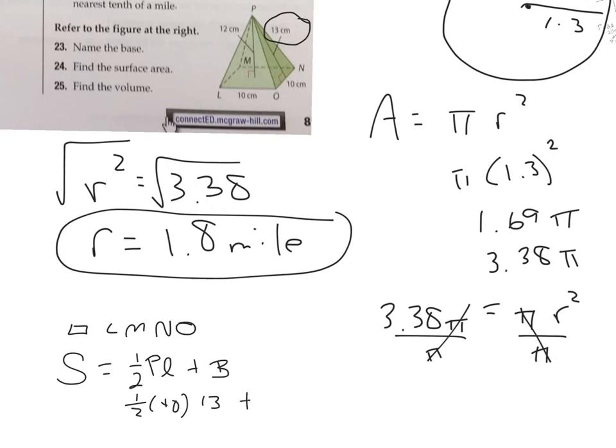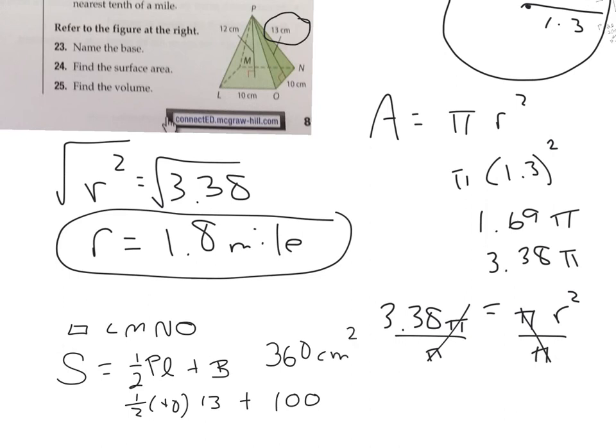Since it's a square, 10 by 10, we know 10 times 10 is 100, so the area of the base is going to be 100. So half of 40 is 20. 20 times 13 is 260. 260 plus 100 would be 360. Since this is in centimeters, it's going to be centimeters squared.